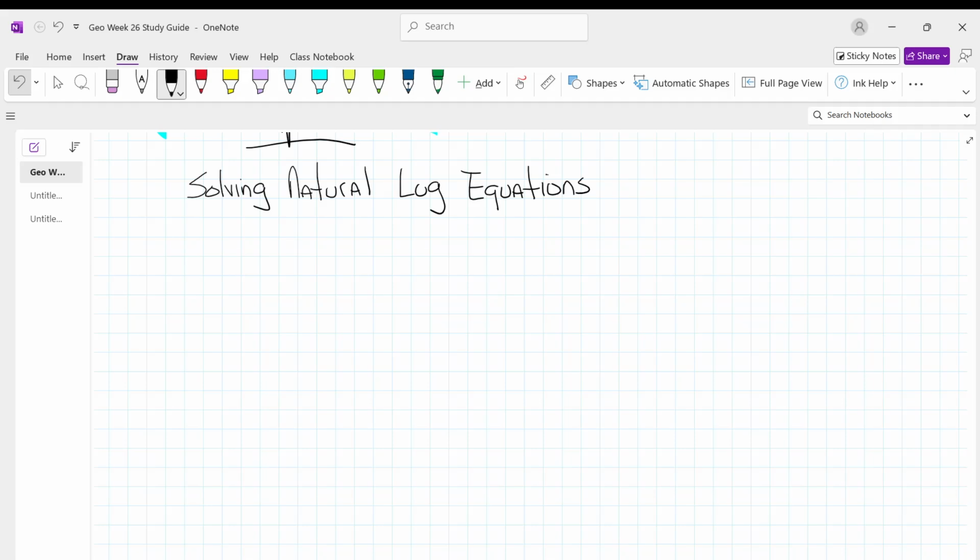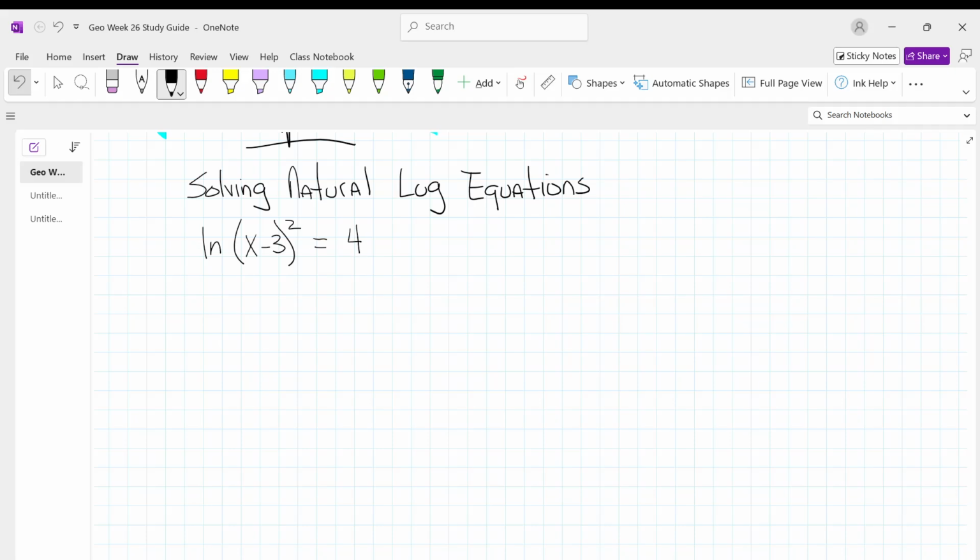And some examples will look like the natural log of (x minus 3) squared is equal to 4.